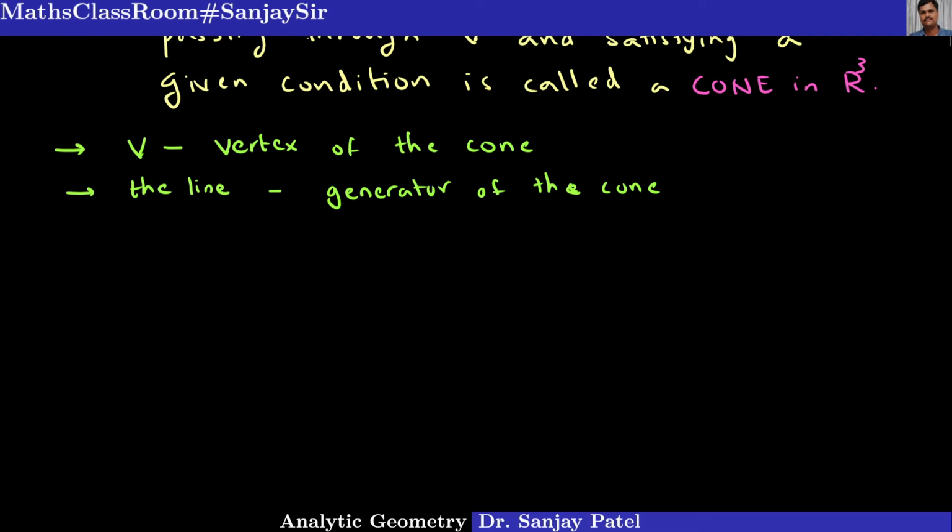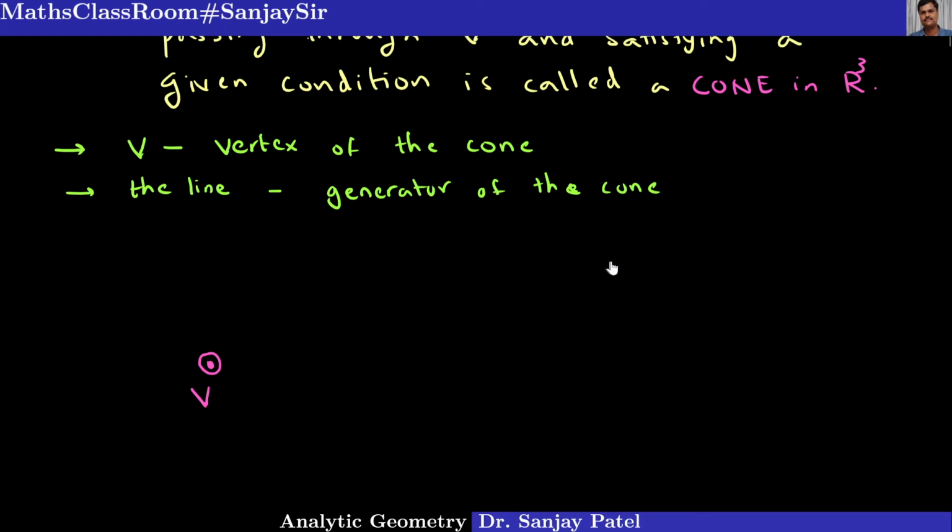Say I consider a fixed point in space, capital V, and a condition that the line passing through V must intersect some curve in the space.